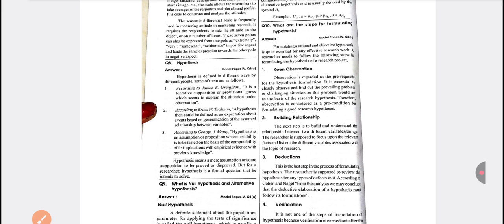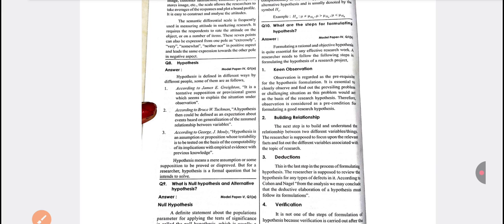What steps do you need to follow to give that answer? First one is keen observation. You need to observe the situation very closely, that is keenly, means you need to observe a particular piece of information in depth. Then later you need to build the relationship. When you build the relationship between the variables, you will easily find the data.